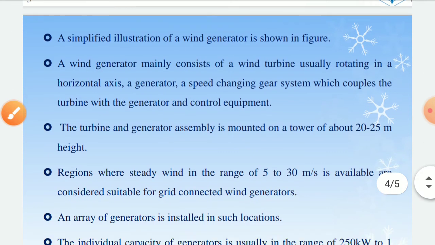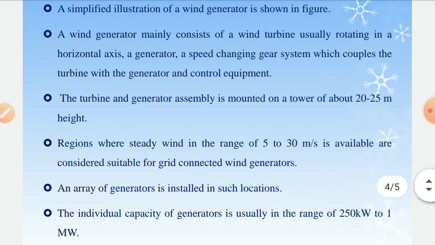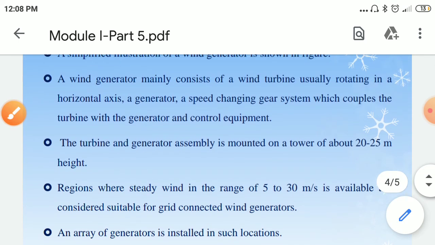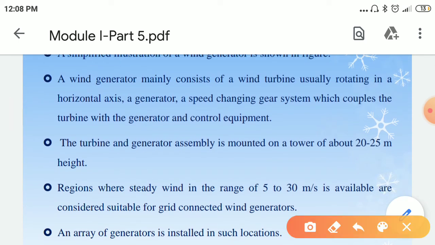I'll be explaining a little bit more on this wind generator. It mainly consists of a wind turbine, usually rotating on a horizontal axis, and it consists of a generator, a speed changing gear system coupled to the generator, and control equipment.